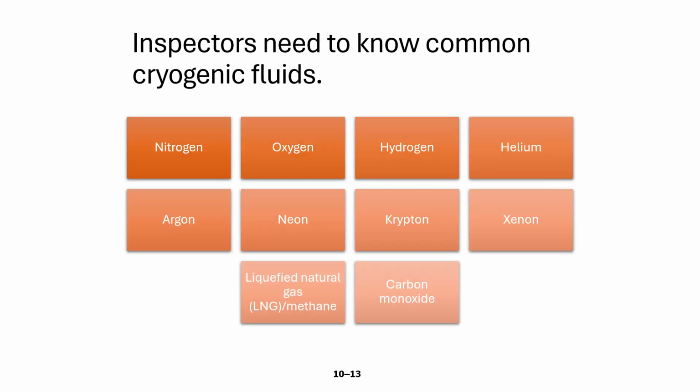So here are some of the most common gases that are converted to cryogenic liquids: nitrogen, oxygen, hydrogen, helium, argon, neon, krypton, xenon, liquefied natural gas, and carbon monoxide. Depending on use, it could be manufacturing.